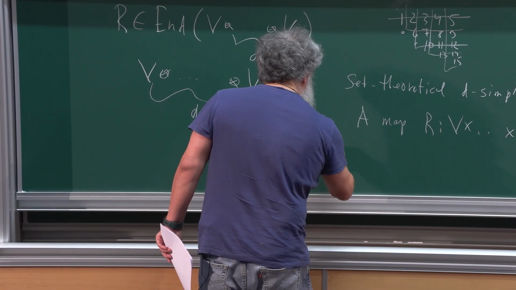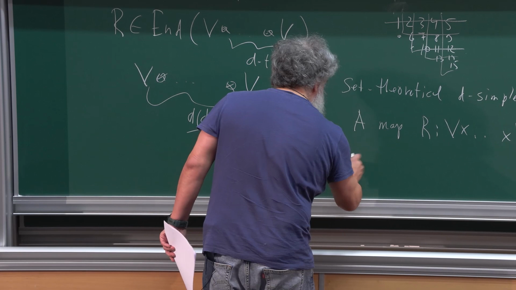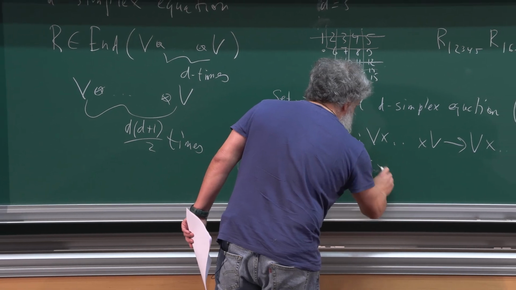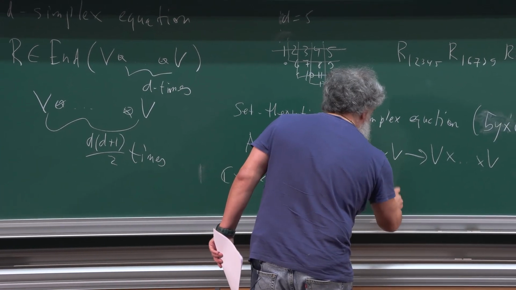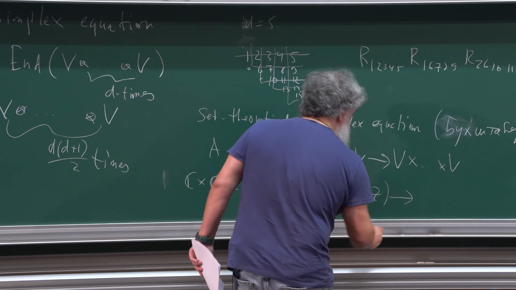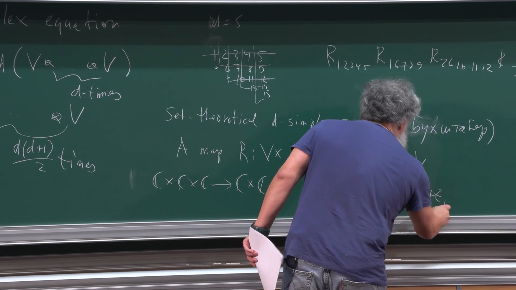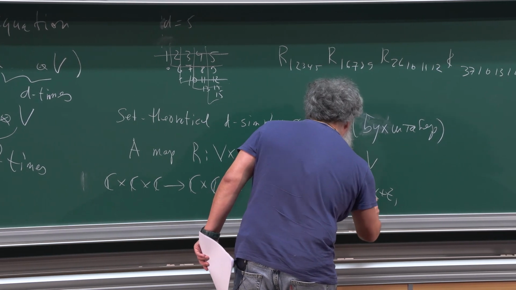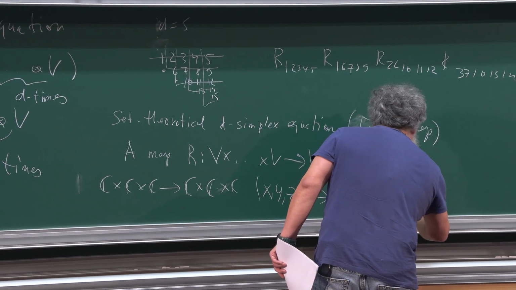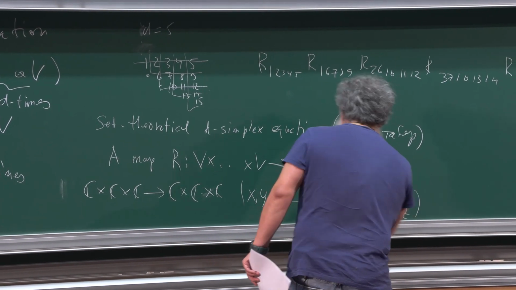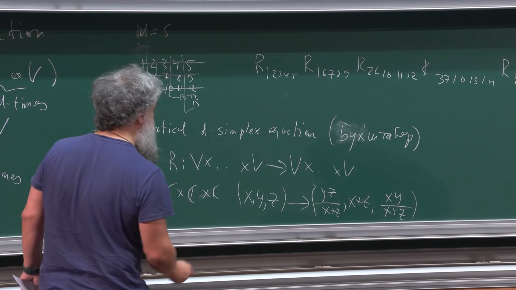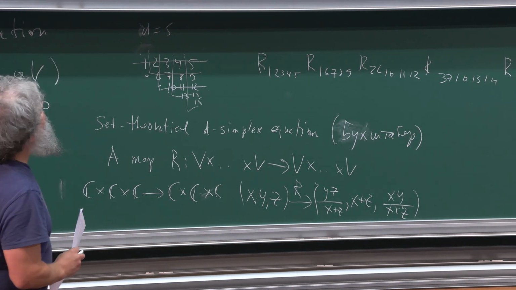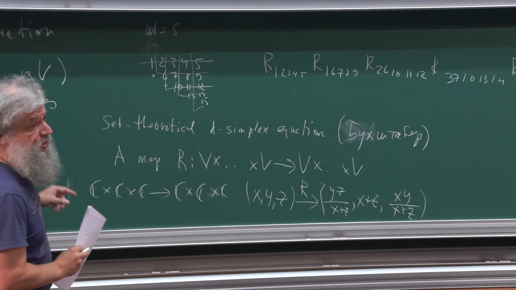If you take the map from C times C times C to itself defined by the formula (x, y, z) goes to (x plus z, yz divided by x plus z, xy divided by x plus z), then such a map is a set-theoretical solution to this tetrahedron equation.